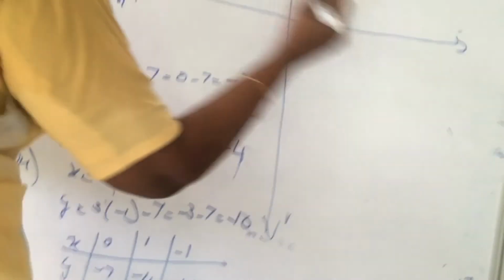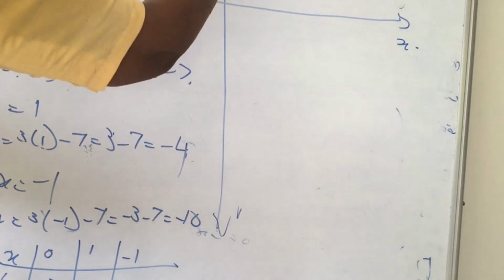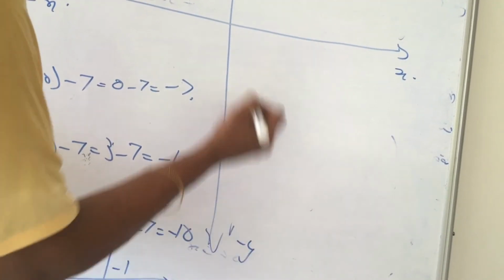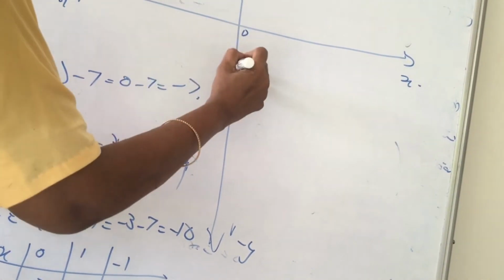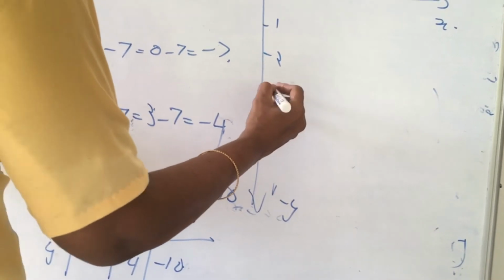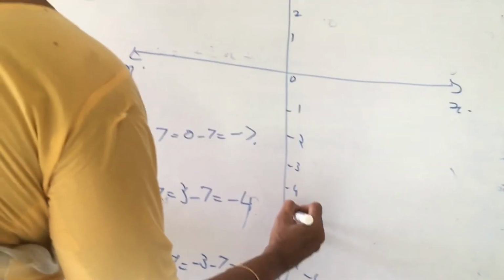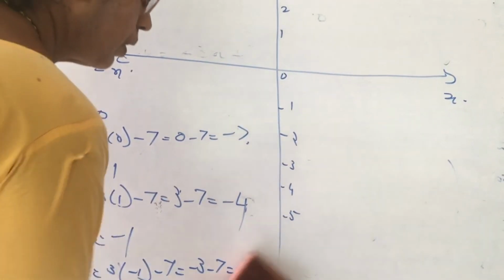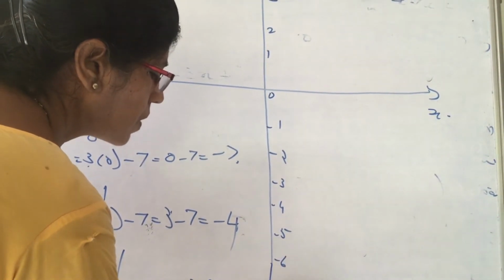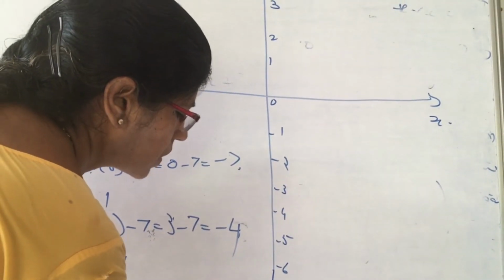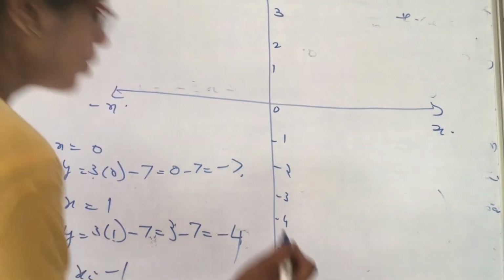Left side minus x, right side x, y, minus y, 0, 1, 2, 3, minus 1, minus 2, minus 3, minus 4, minus 5, minus 6, minus 7, minus 8, minus 9, minus 10, y dash.